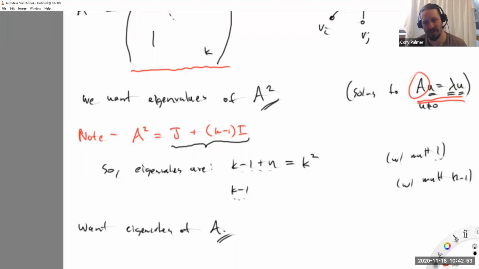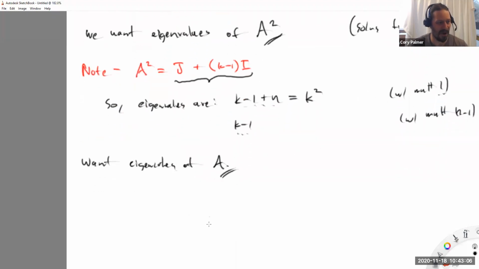If you don't know, care to wager a guess? They're the square roots of the eigenvalues of the squared matrix. So k squared square rooted is k, and this has multiplicity 1 still.